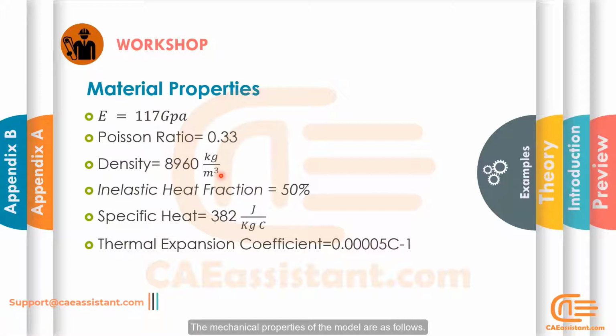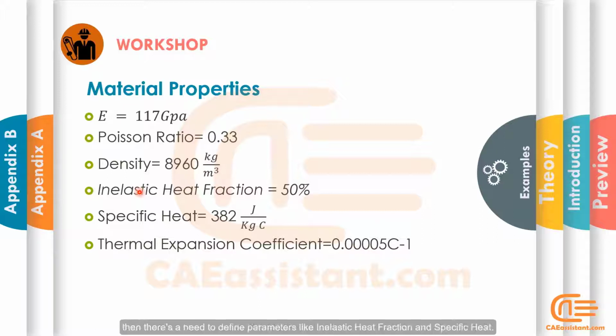The mechanical properties of the model are as follows. It's not a coupled issue, but because it's adiabatic and there are heat issues, there is a need to define parameters like inelastic heat fraction and specific heat.